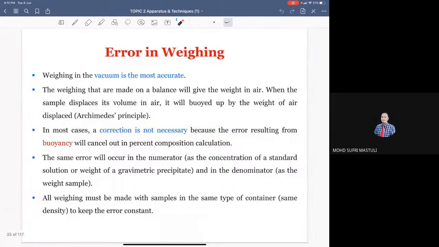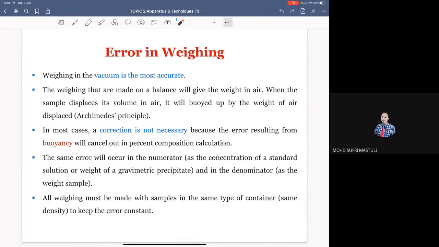So now I will discuss several errors during weighing using the balance. Weighing in a vacuum is the most accurate. The weighing that we make on the balance normally will give the weight in air. When the sample displaces its volume of air, it will buoy up the weight of air displaced.